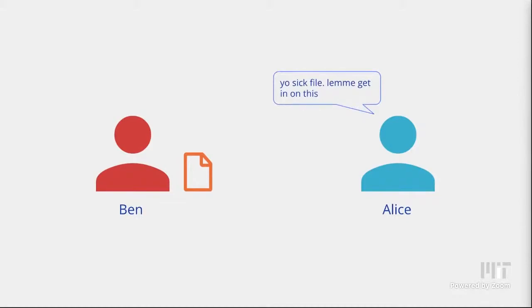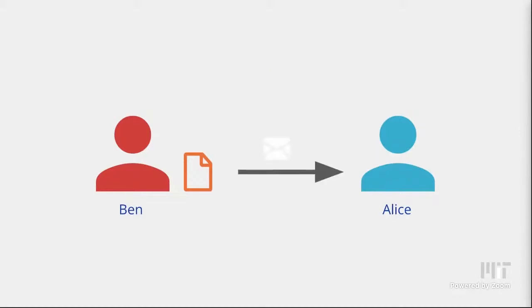Ben emails the document to Alice. She makes her changes, sends it back. And this sounds like a pretty good system, right? You can just exchange messages with someone, keep track of changes that way.